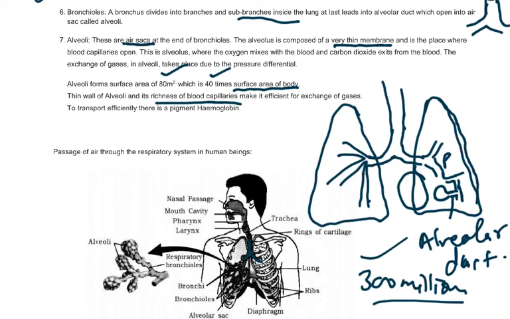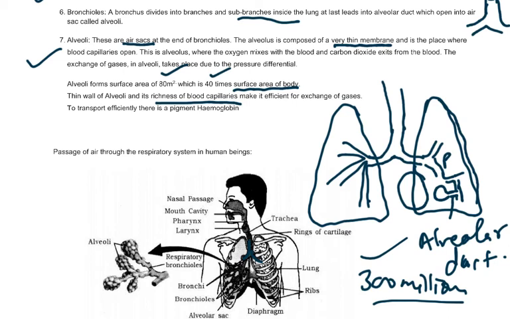So this large surface area of the alveoli helps in better exchange of gases, and they are richly supplied with blood vessels. So this is how the exchange of gases in the lungs is made efficient. A very common question is how the alveoli are designed for better exchange of gases.